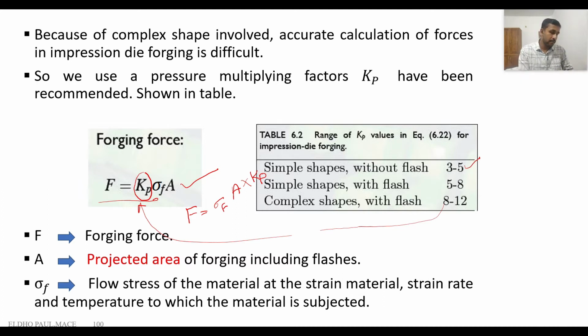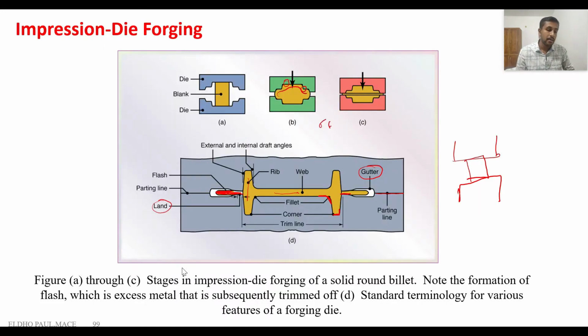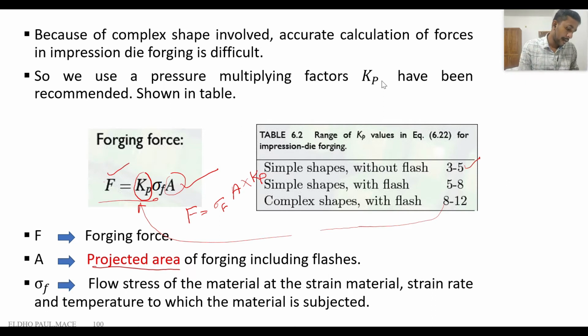So F is the forging force, and here the area is the projected area, because this is a very complex cross section. In the case of impression die forging, we cannot say a particular cross section for the forged component. So we use a projected area to calculate the force, and sigma F is the flow stress of the material.